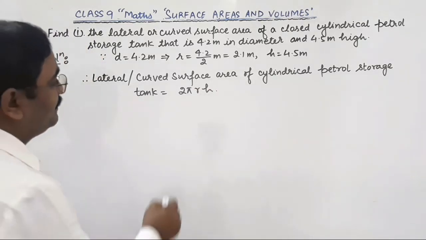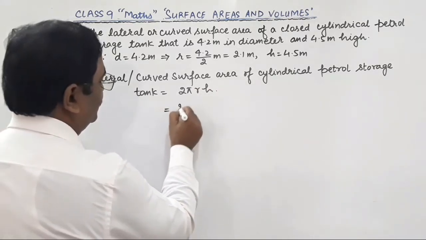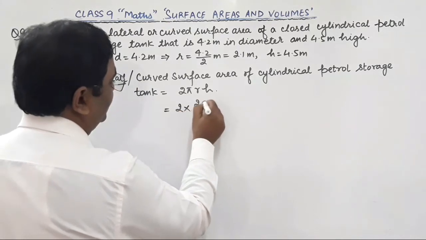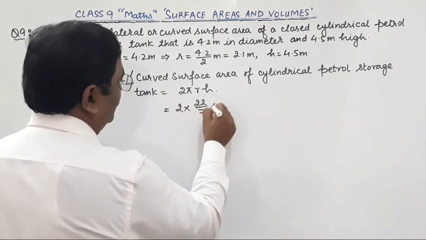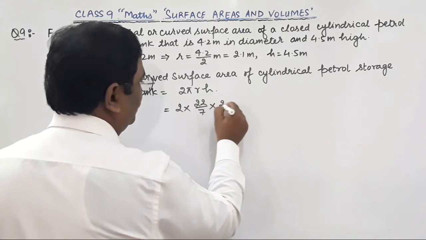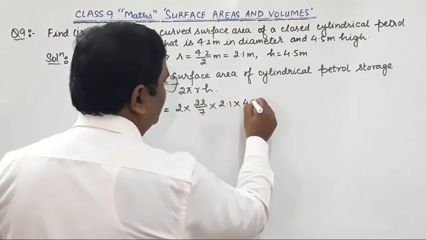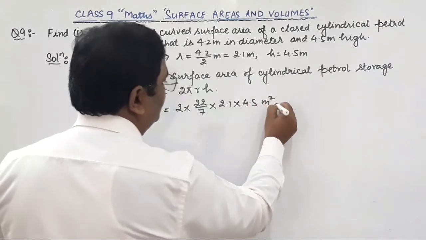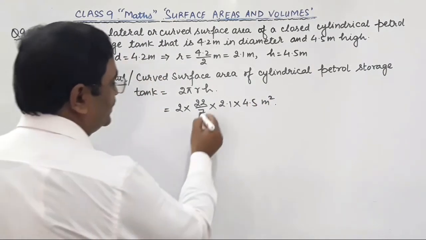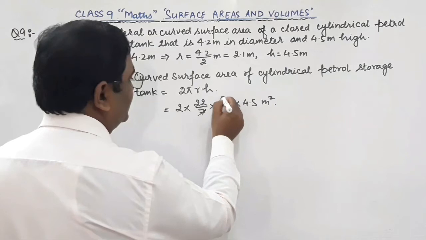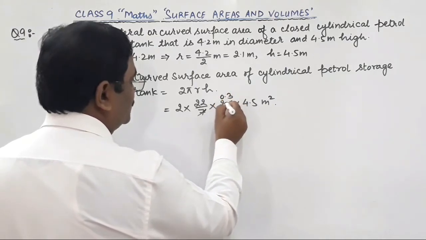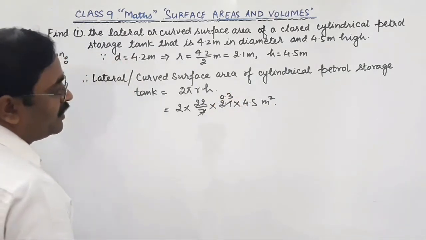Substitute the values, we will get 2, the value of pi is 22 upon 7, multiplied by radius 2.1 meter, multiplied by height 4.5 meter square. Simplify it, 7 1s are 7, 7 3s are 0.3 because this was 2.1.